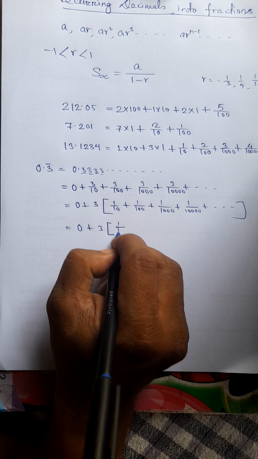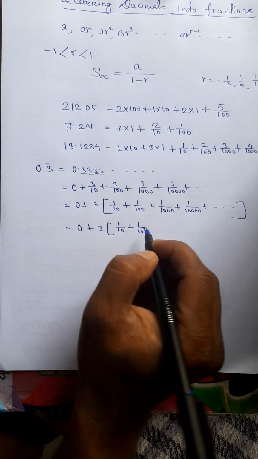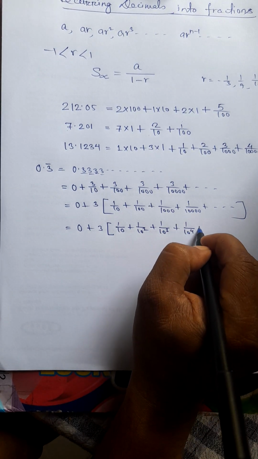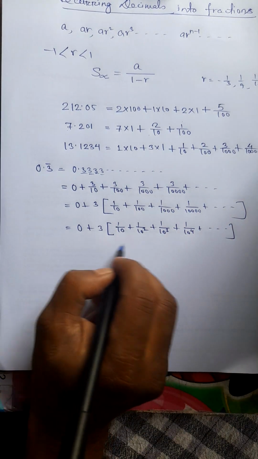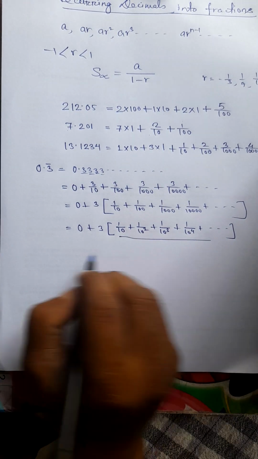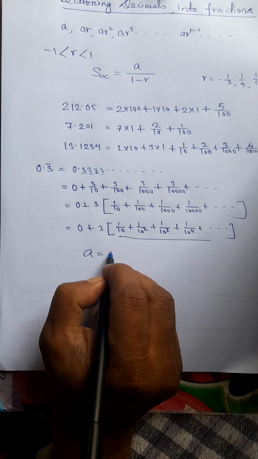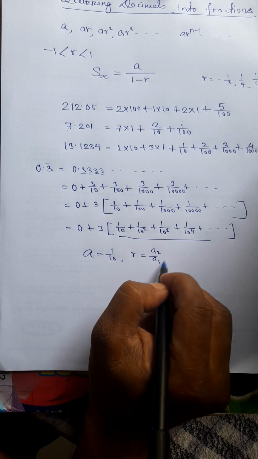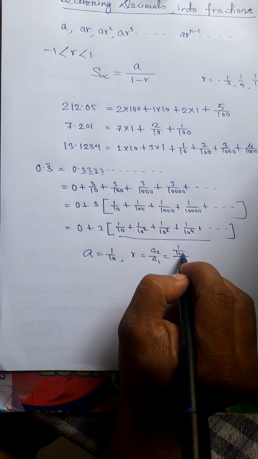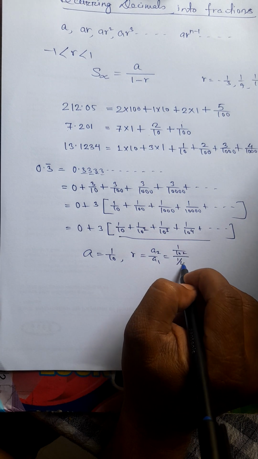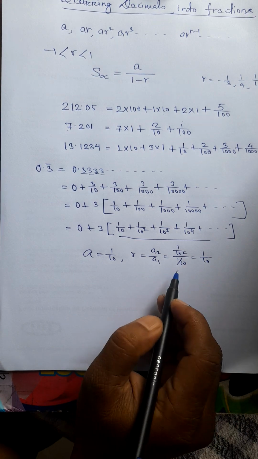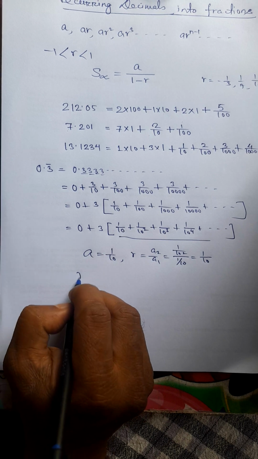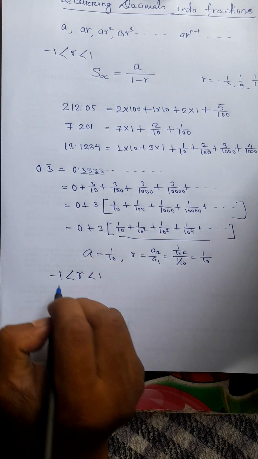You can write it as 1 by 10, 1 by 10 square, 1 by 10 cube, 1 by 10 to the power 4 and so on. So what is a here? If you treat this as a geometric progression, here a means 1 by 10, and what is r here? a2 divided by a1, second term 1 by 10 square divided by 1 by 10, so it is 1 by 10. Common ratio is 1 by 10, so it is less than 1. So we find that r lies in between -1 and 1.